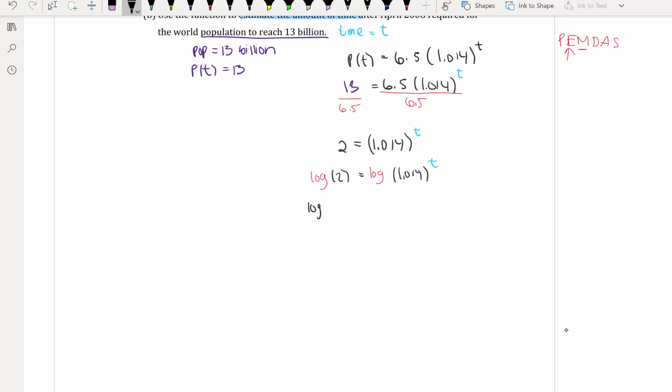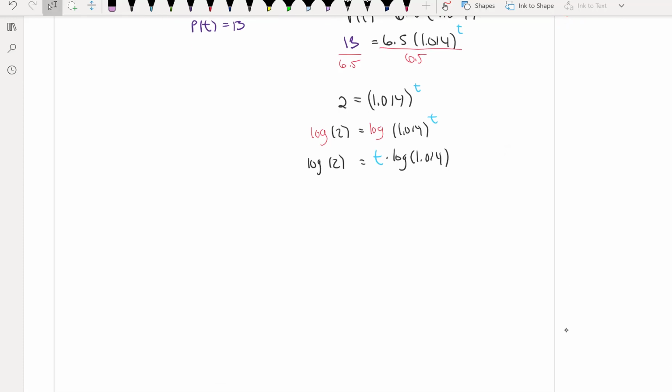So I have log of 2 is equal to t times my log of 1.014. And since that log and the t are together, they're bound by multiplication. Well, the opposite of multiplication is division. So divide by log of 1.014.